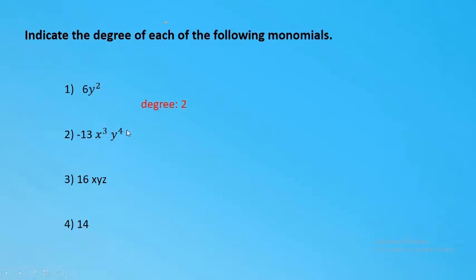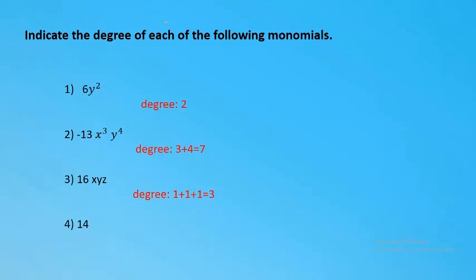So the degree of this monomial is 3 plus 4, which is 7. The degree of the third, we have x, y, and z, three variables, each of exponent 1. Then the degree of this monomial is 1 plus 1 plus 1, which is 3.